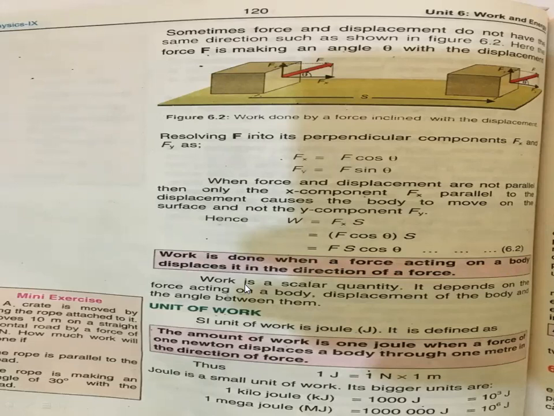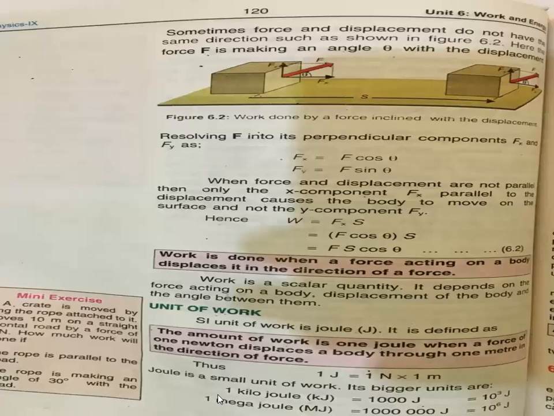Then we discussed that work is a scalar quantity. It depends upon the force, the displacement, and the angle between them. Then we discussed the unit of work, and the SI unit of work is joule. I defined joule: work is said to be 1 joule if we apply a force of 1 Newton and the body moves 1 meter in the direction of the force.